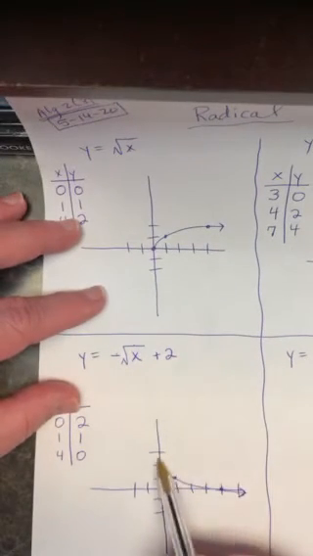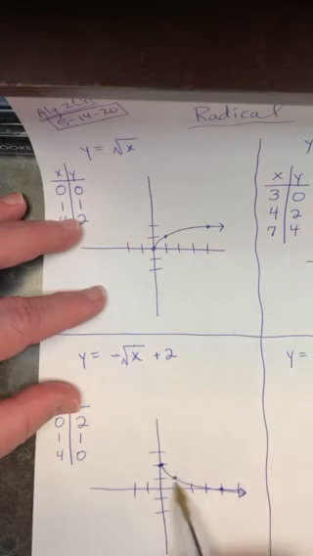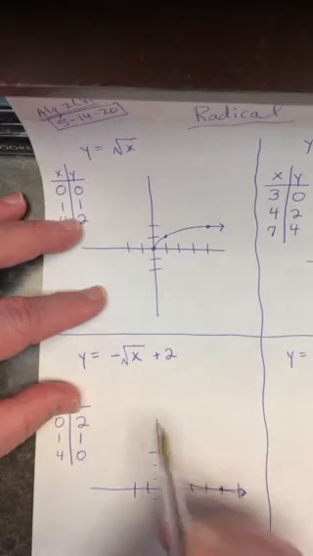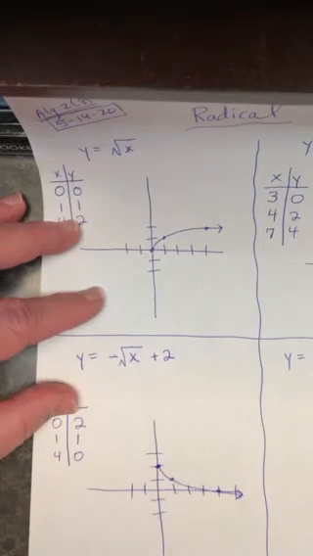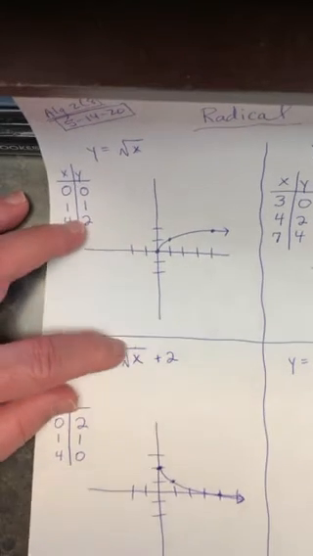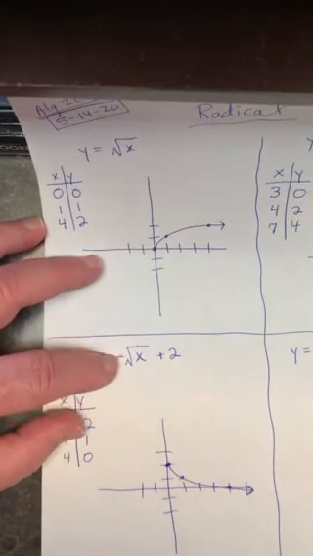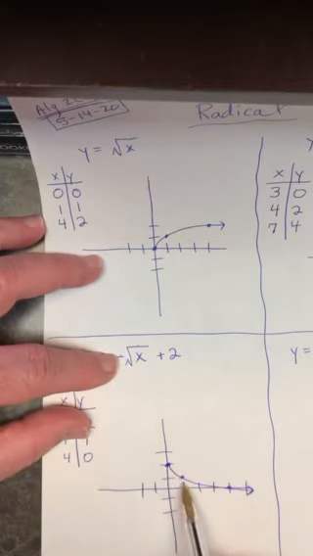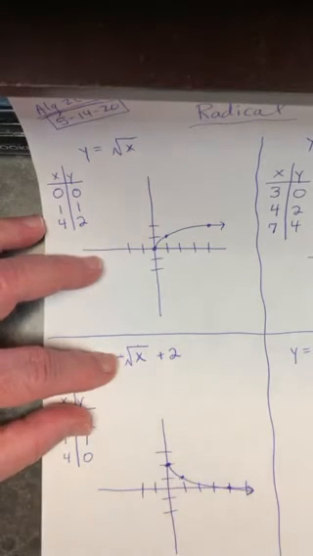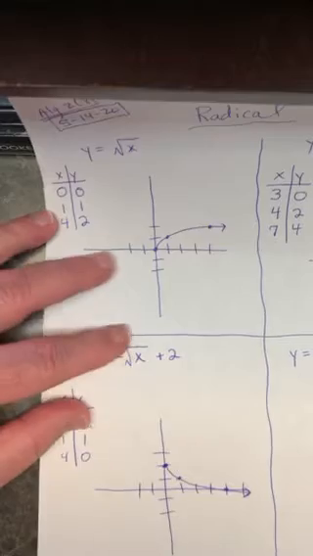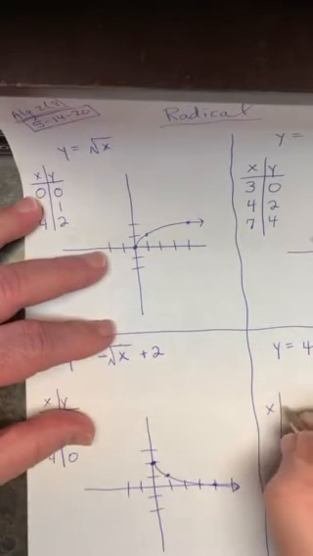Now, if you're picturing a sideways parabola, notice we've got what? The bottom half of a sideways parabola because of the negative that was out in front. So if the radical has a negative in front of it, we're probably predicting the bottom half of our sideways parabola will be graphed. Finally, last one and we're done.